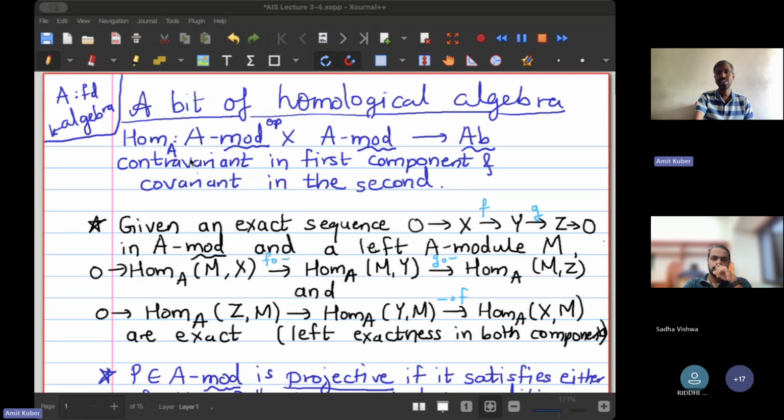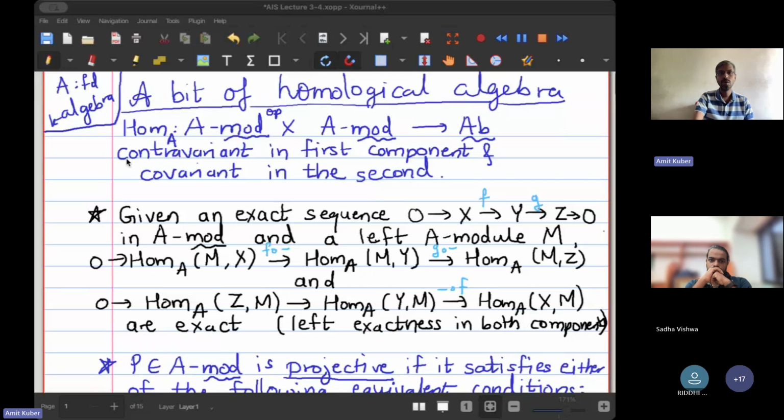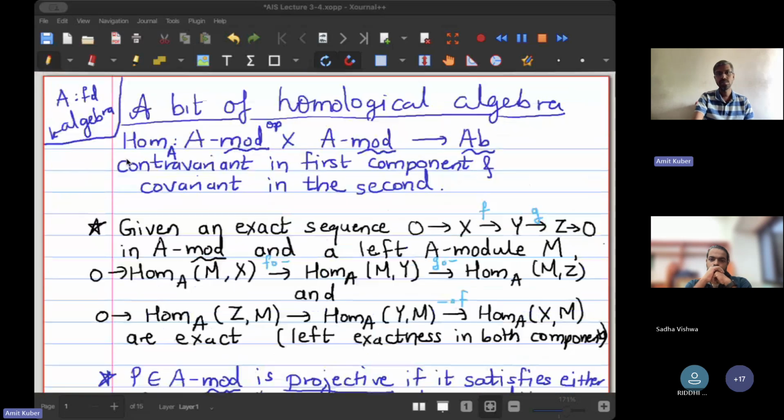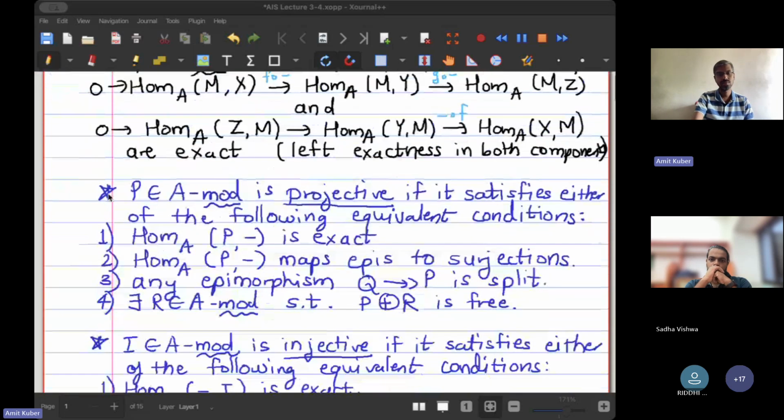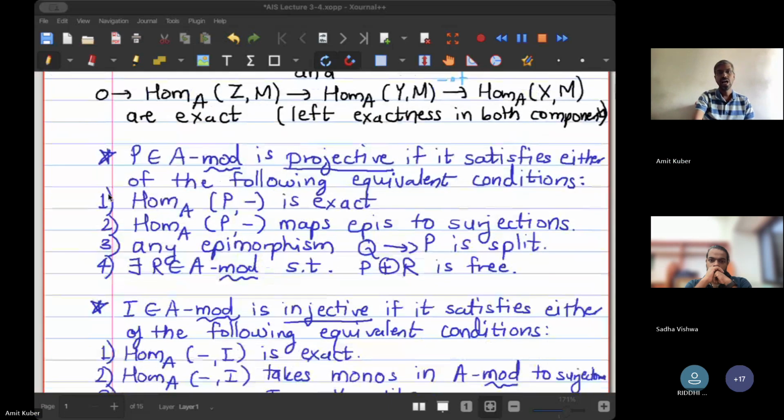So we started with a bit of homological algebra, recalled what projective and injective modules are in terms of Hom functors and exactness of Hom functors. The covariant one gives us projectives and the contravariant one gives us injectives. In general, for general rings, projectives and injectives are very different.